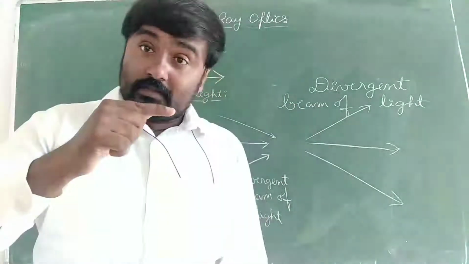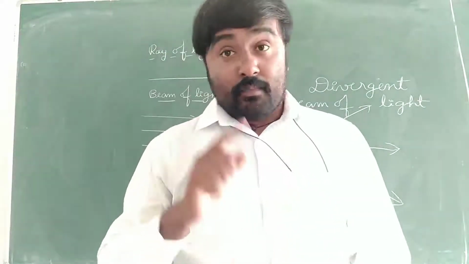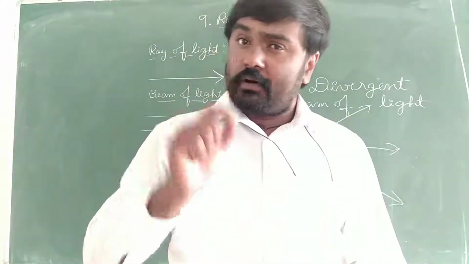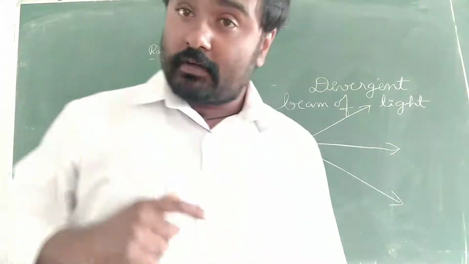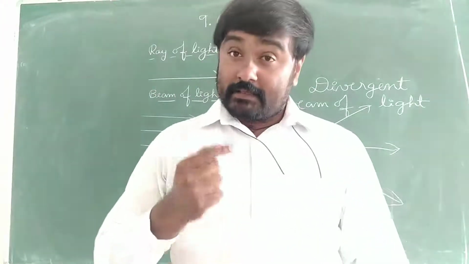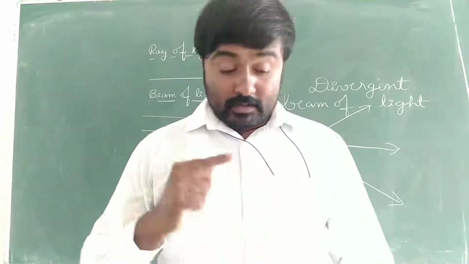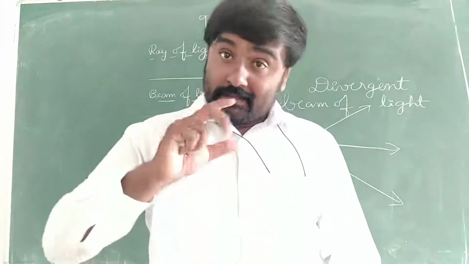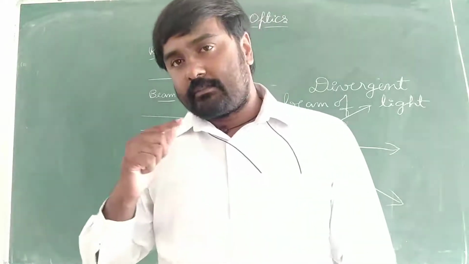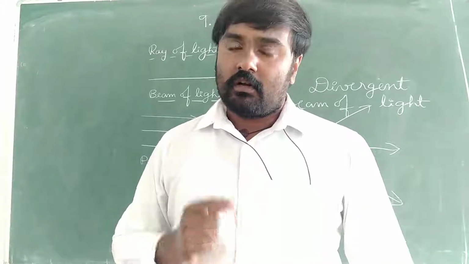Particles moving with velocity greater than the speed of light are called tachyons. Particles moving with velocity less than the speed of light are called tardons. That is very important for CET.